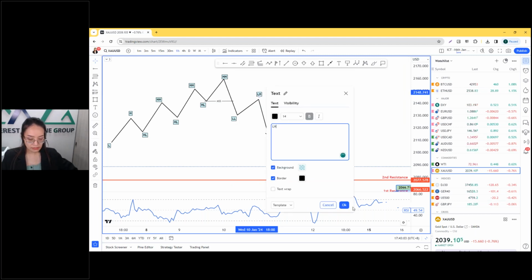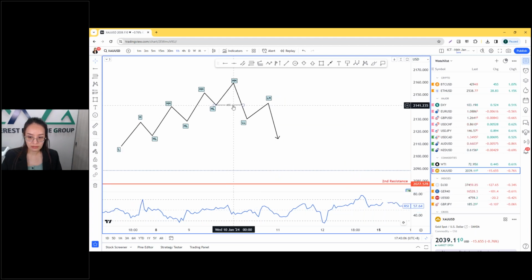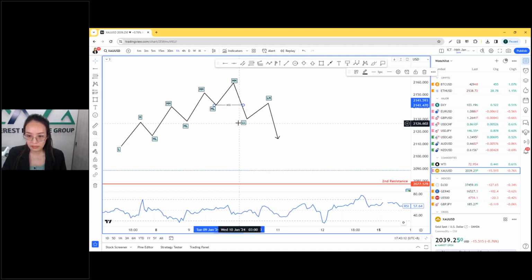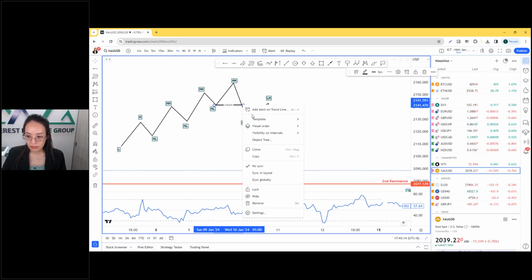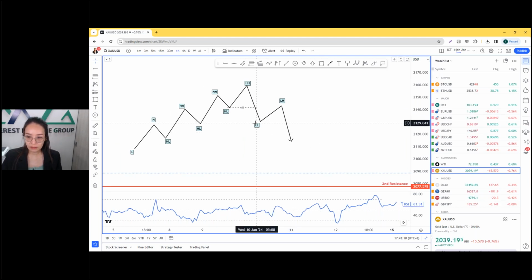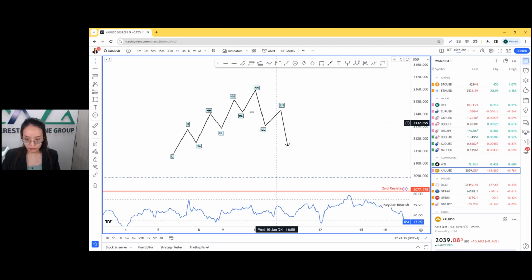But ICT, like I said, calls it MSS, market structure shift. For SMC, they call it change of character. Actually it's the same meaning. ICT calls it MSS, and then they make a higher high, lower low, and lower high. This is how you look for market structure shift.